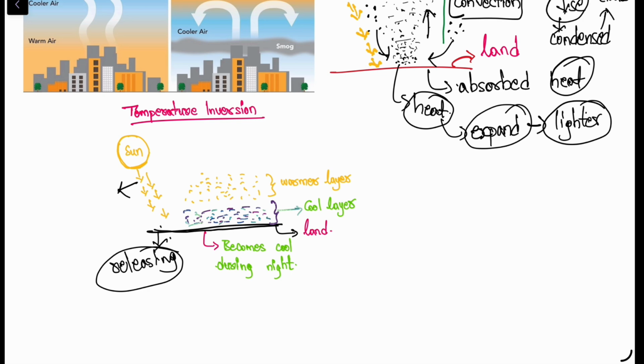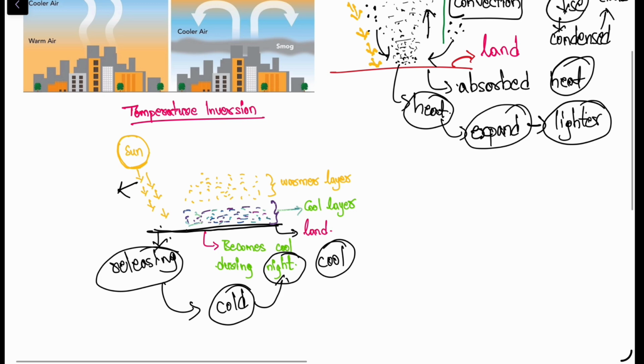The earth will release all the energy that it has absorbed from the sun's radiation, and after releasing this heat, it will start becoming cold. By the time of night, it will become cool, and the air layer which is immediately above the earth surface will also become a cool layer, right?